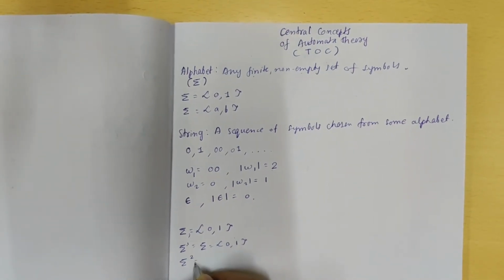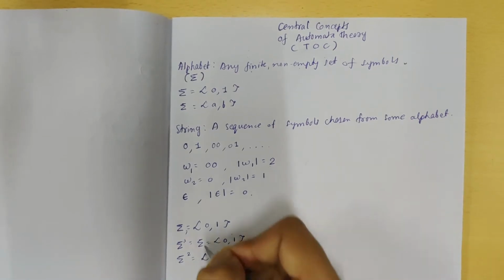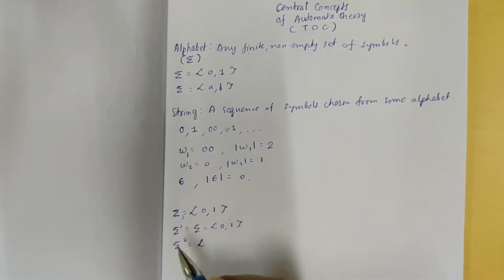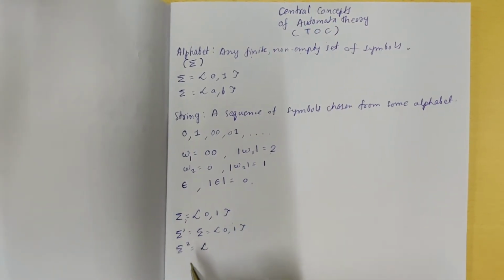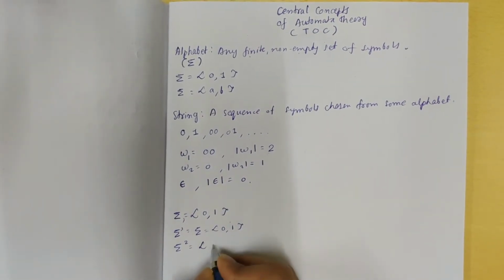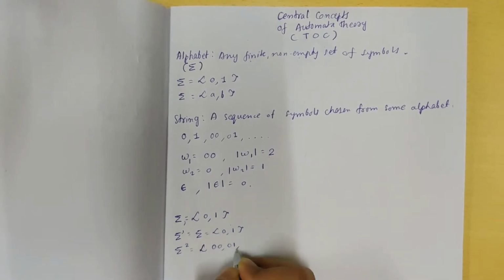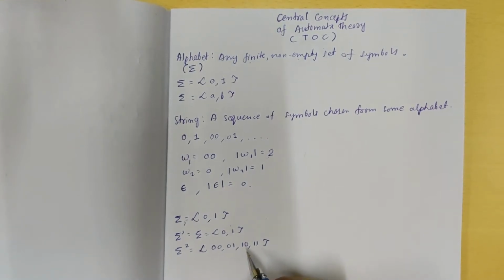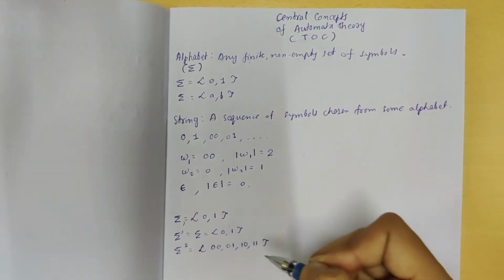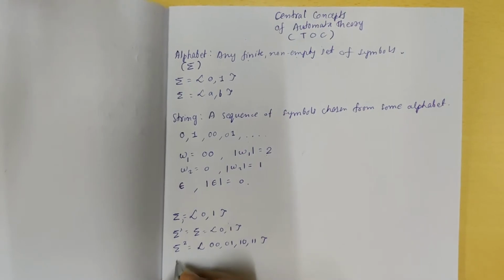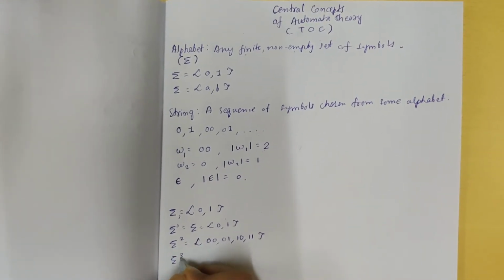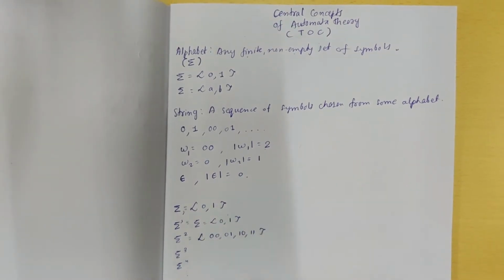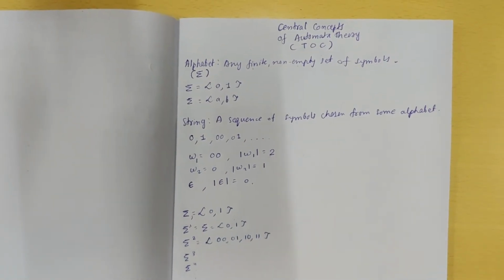Similarly, sigma 2 is the set of all the strings of length 2 that can be made from sigma. So here we have 0 0, 0 1, 1 0, 1 1. Simply we take all the combinations which have two symbols from this alphabet, and similarly it goes on. We can have sigma to the power 3, or sigma to the power 4, and it just goes on. So these are the powers of sigma.